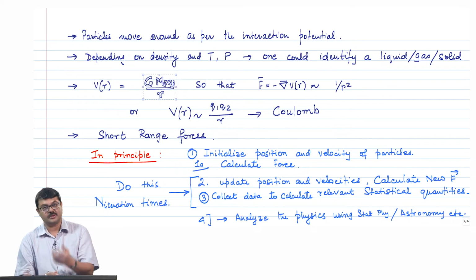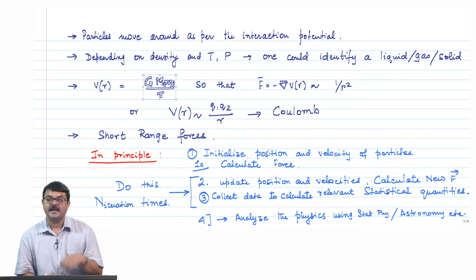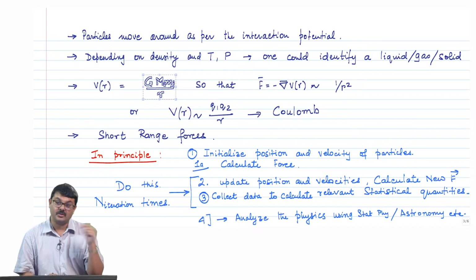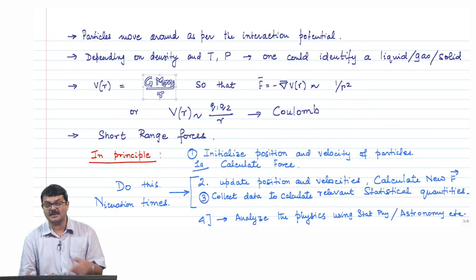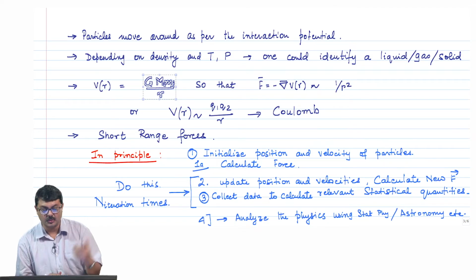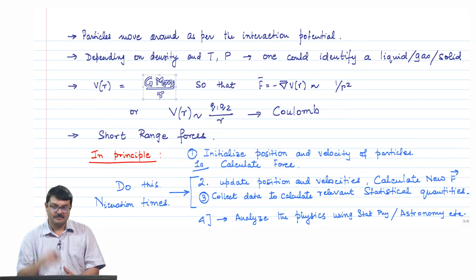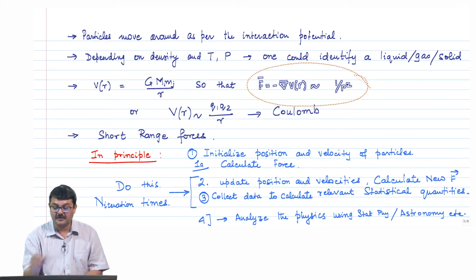Of course, Neptune, or whatever planet you are interested in, would be affected not only by the sun, but by the earth, Jupiter, Saturn, Pluto, the asteroid belt, and so on. If you were looking at gravitational potential, you would have the 1 by r square.